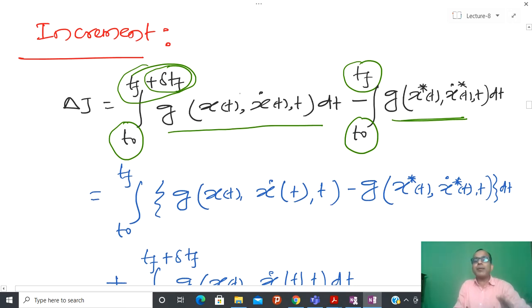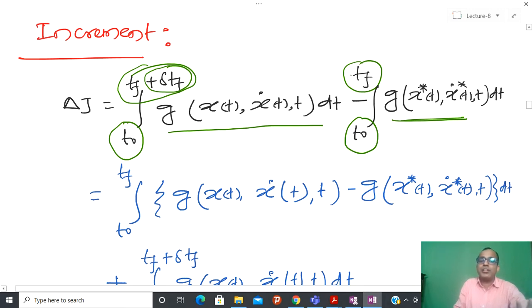If you remember the type 3 and type 4 problems, in both we are allowing variation of the terminal time, but in type 1 and type 2 we are not allowing any variation in terminal time, and due to that reason the integration is just from T0 to TF there.